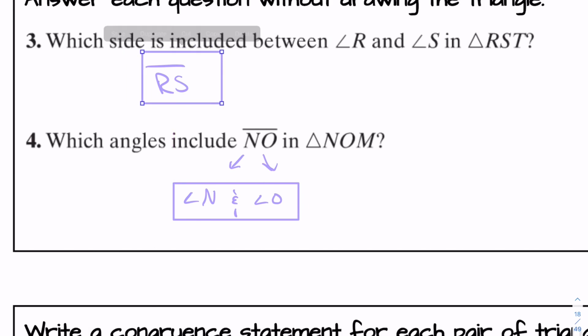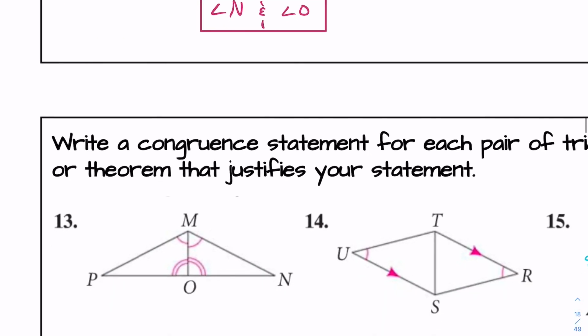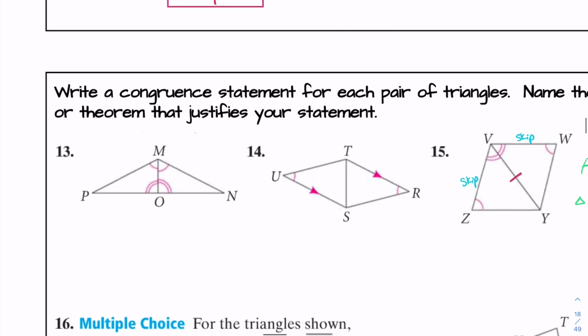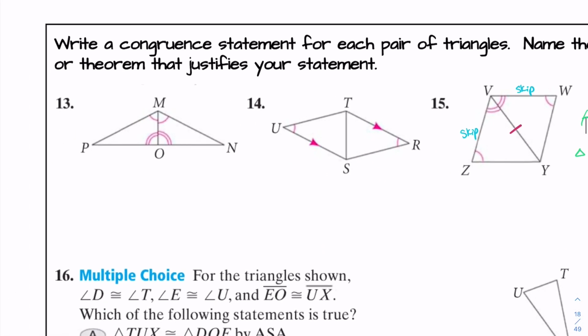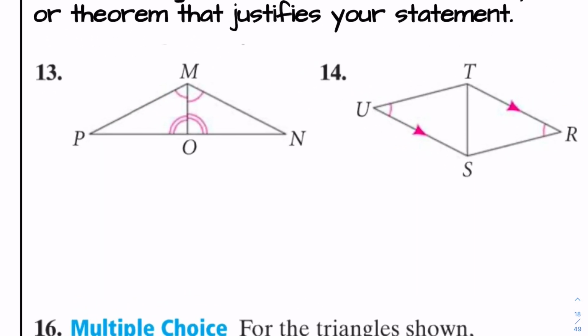Okay. Let me change the color for this one right here. All right. Write a congruent statement for each pair of triangles. Name the postulate or theorem that justifies your statement. So here we can mark this piece right there as being congruent.